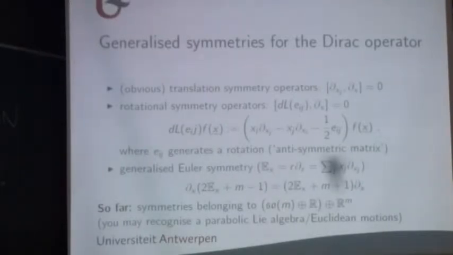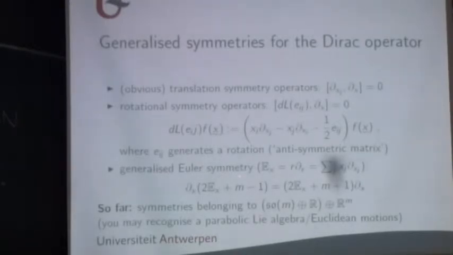It's important to realize that it basically defines a rotation. So e_ij in a sense is an anti-symmetric matrix, if you would do it in matrix notation. So basically the relation that I wrote down here says, if you got a solution for the Dirac operator, you can rotate the solution and you still get a solution. How do you do the rotation? Well, like this. It defines an action of the orthogonal Lie algebra.